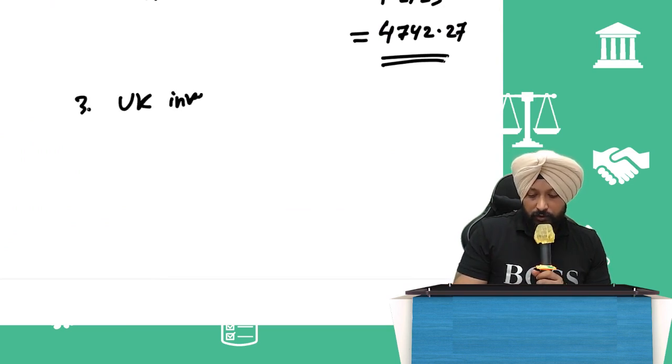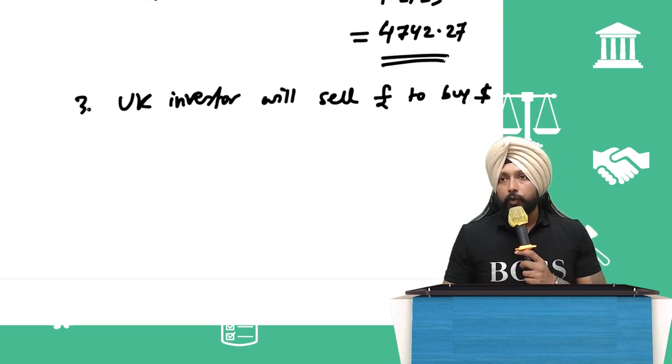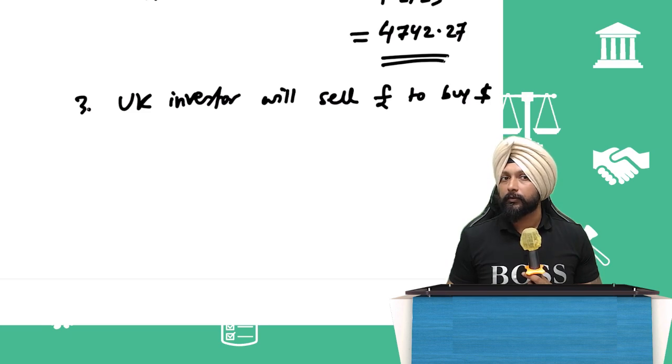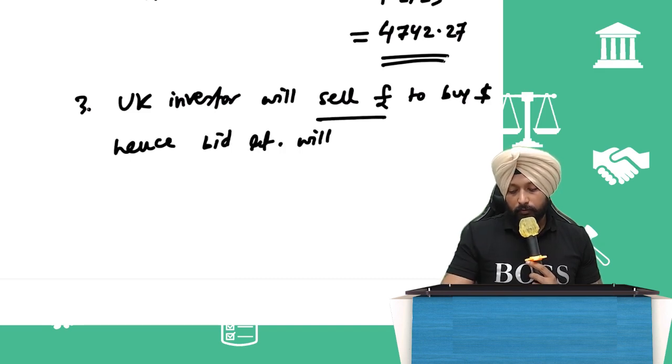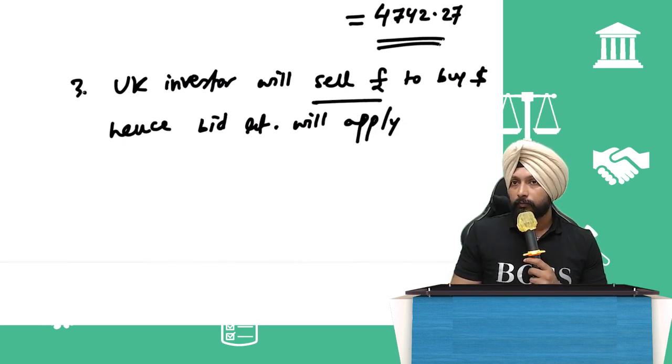Please write UK investor will sell pound to buy dollar. Underline the word sell pound. Hence bid rate will apply.